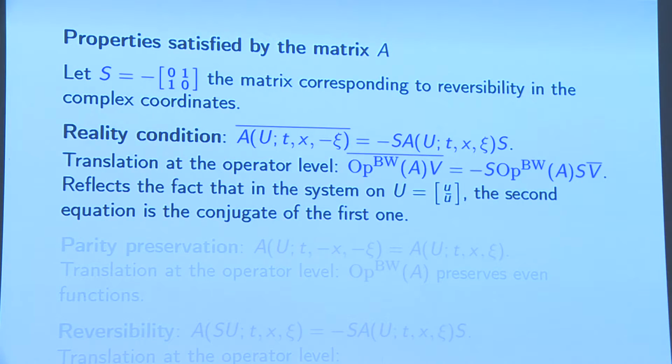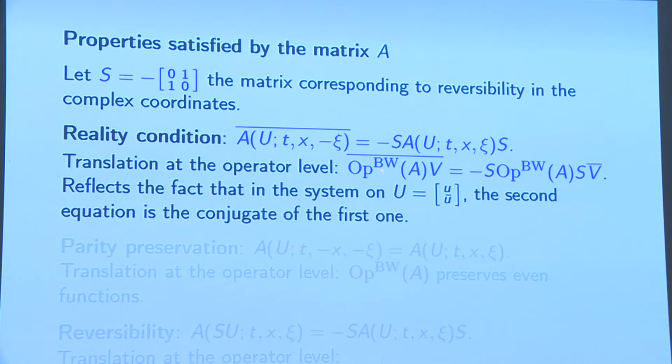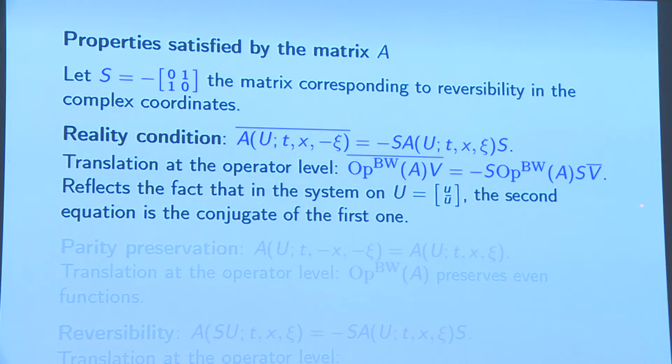The first one says that if you compute this matrix of symbol A at u, t, x, minus xi and conjugate it, you get minus S A of u, t, x, xi, S. So this property just means that when you consider the associated operator, make it act on V and take the conjugate, what you obtain is minus S, the operator with symbol A, acting on S, acting on V bar.